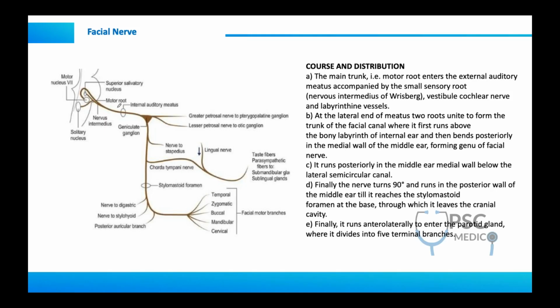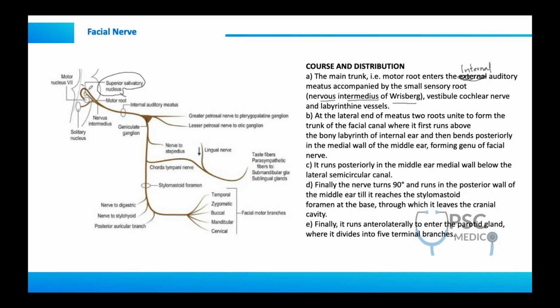The main trunk or the motor root enters into the internal auditory meatus, and it is accompanied by a sensory root arising from the superior salivatory nucleus. The smaller one is known as nervus intermedius of Wrisberg. Along with that we also have the vestibular, cochlear, and labyrinthine nerves.